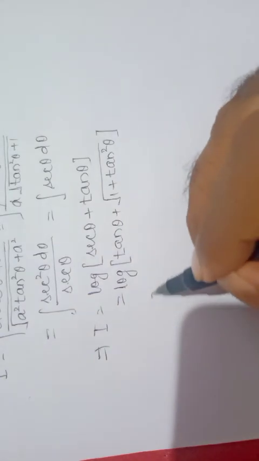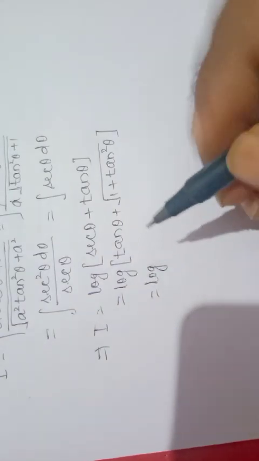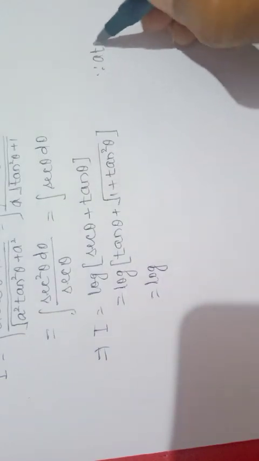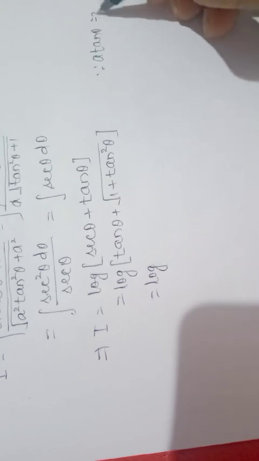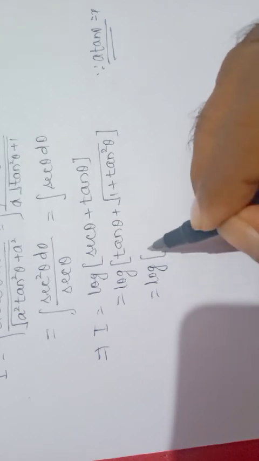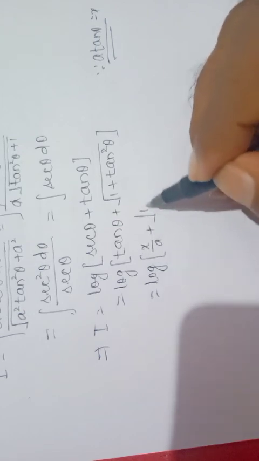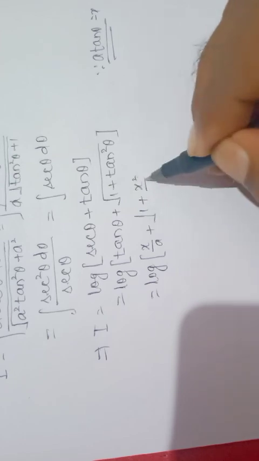So log, we have considered a tan theta is equal to x. So tan theta will be x by a, plus under root 1 plus x square by a square.